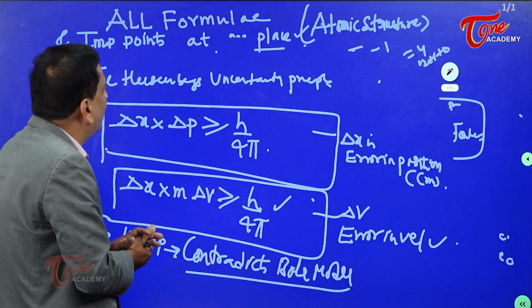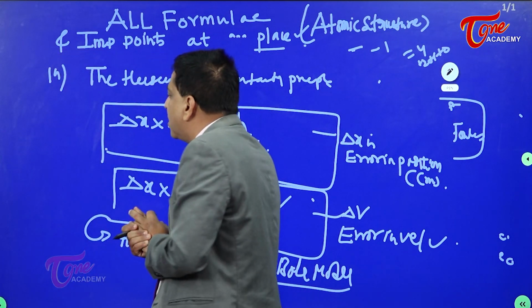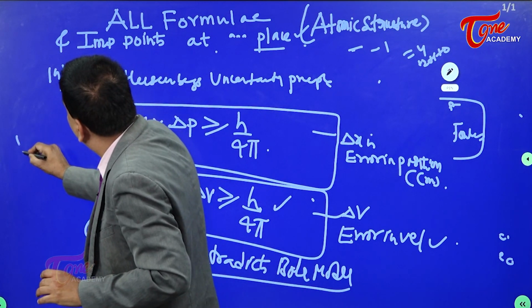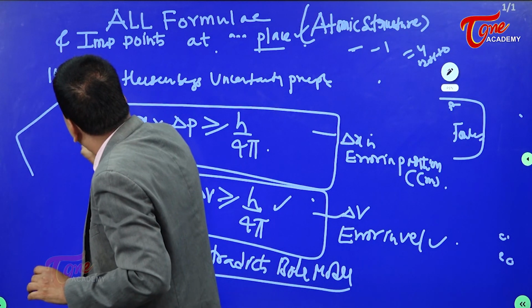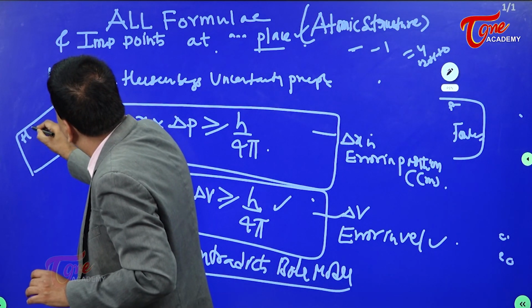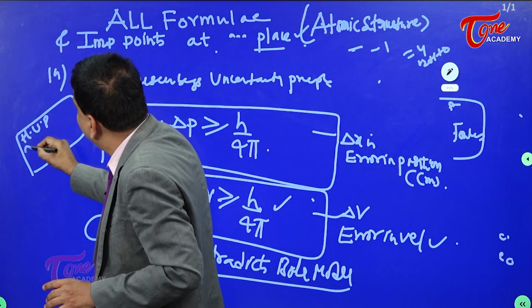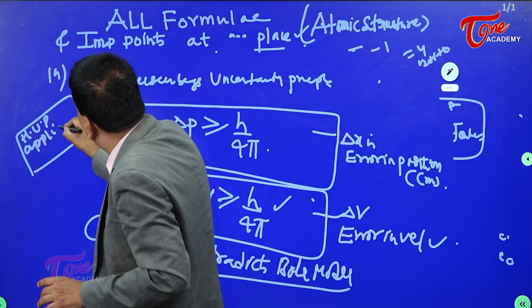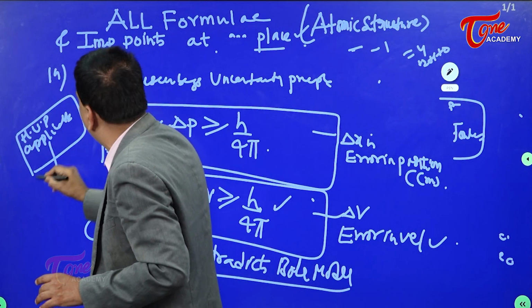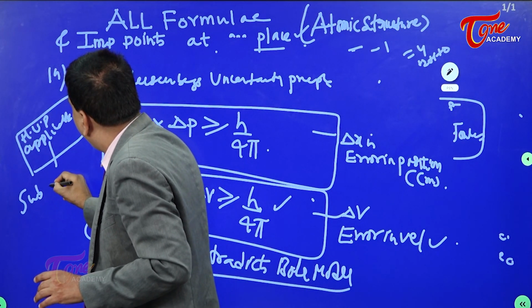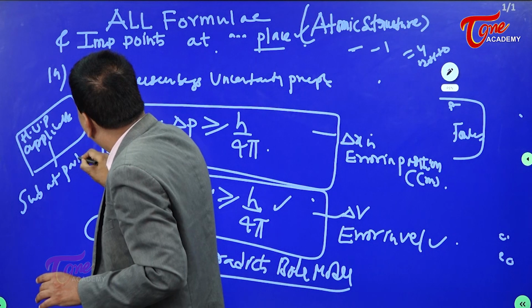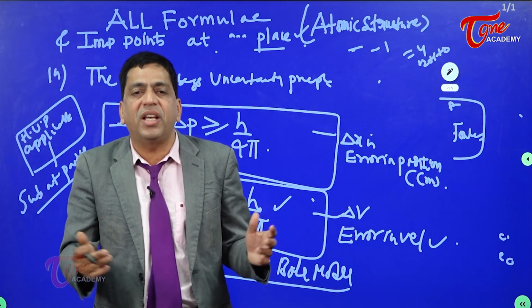And the other things with respect to Heisenberg's uncertainty principle are two things which I would like to write. Number one, the uncertainty principle is basically applicable only to subatomic particles. That's all. There is a limitation for what?